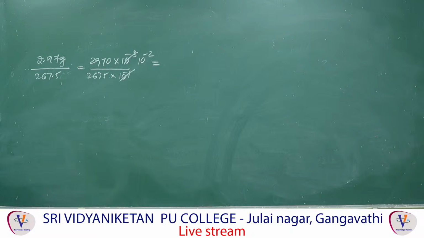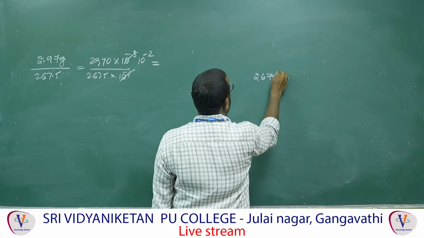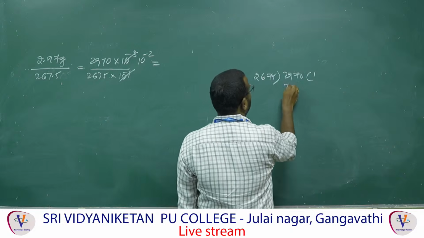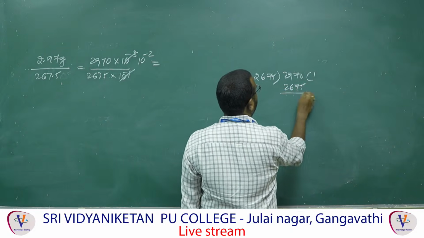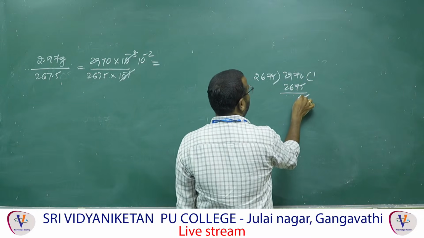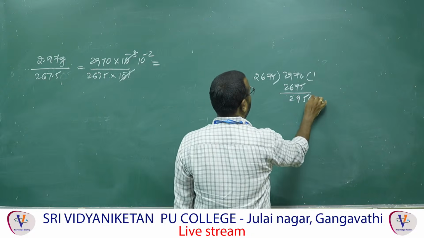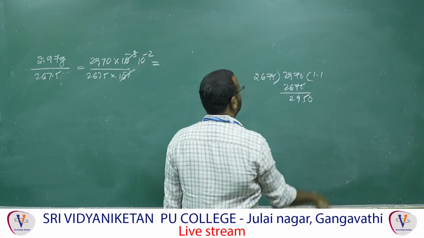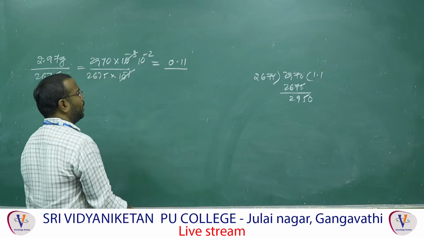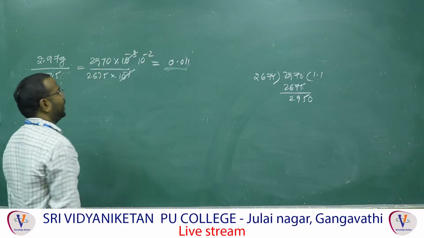By doing so, I am calculating the number of moles of the complex. So 2675 goes into 2970 approximately one time, and so on. So it's 1.1, approximately 0.11, and then we have 0.011 mole is what we get here.